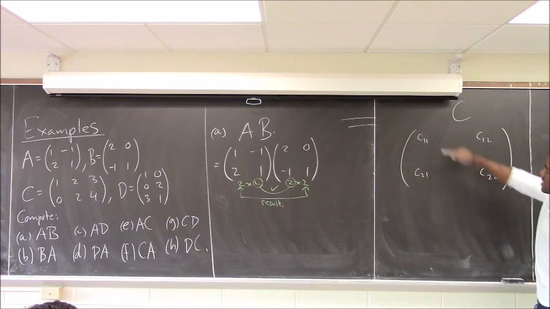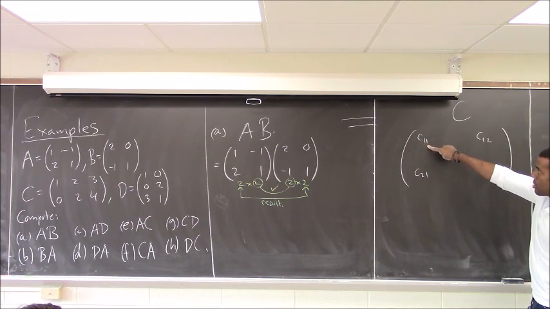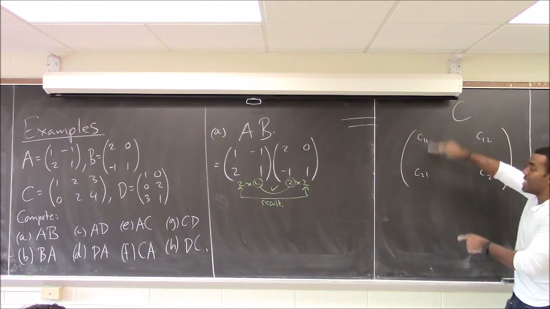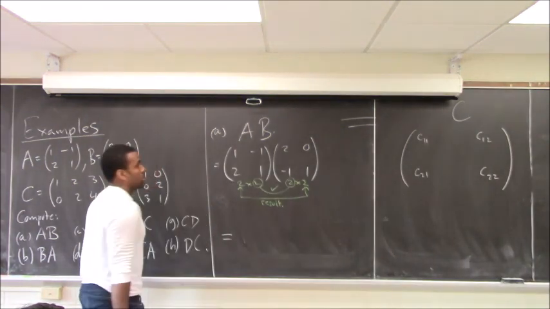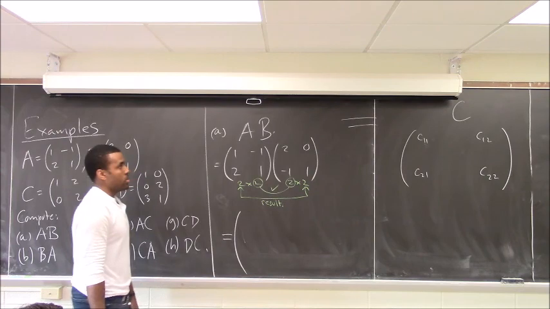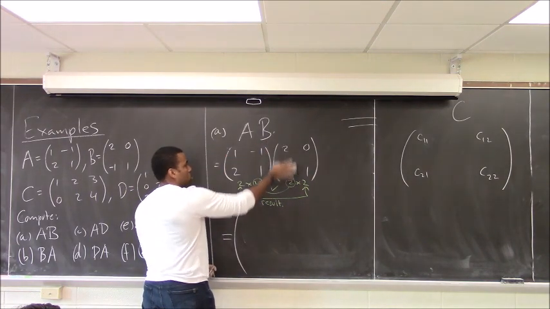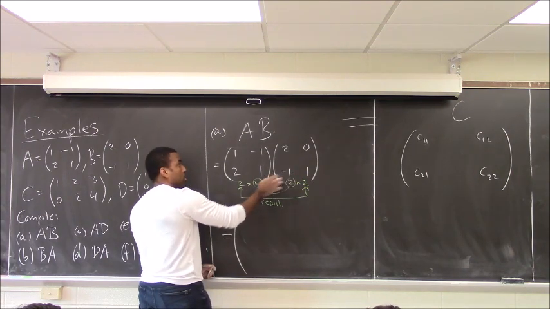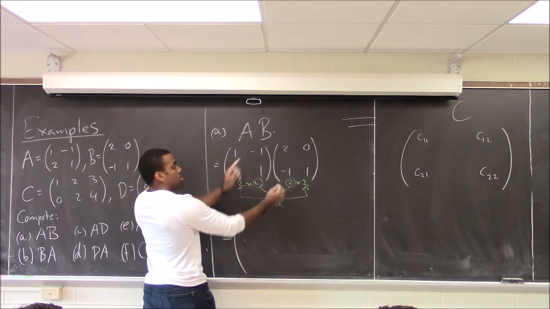Now, what does C11 mean? Well, I'm going to take the first row of A and dot product it with the first column of B. Okay, so that thing I did earlier, we're going to do that, and we're going to put that answer in this position. So I'm going to take this times this, plus that times that, and that goes here.